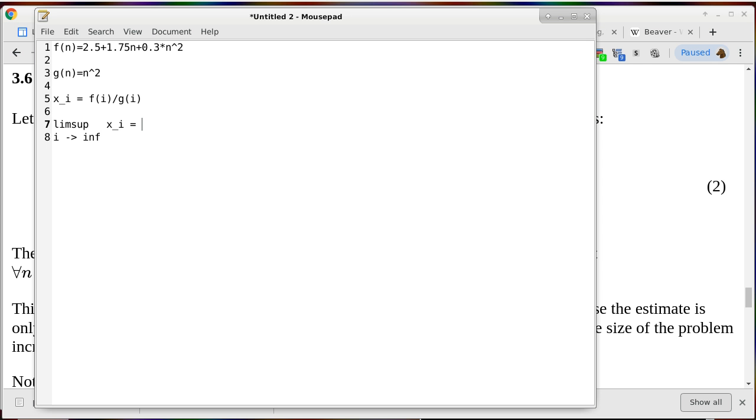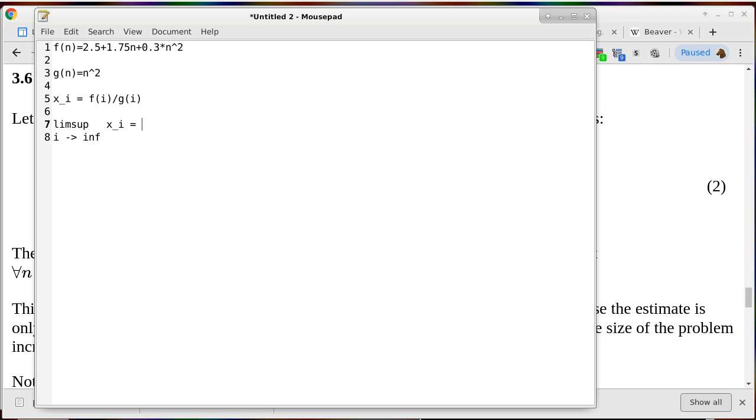What about 1.75n divided by n squared? Well, you simplify it, right? You cancel the n. So now it actually just becomes 1.75 divided by n. When n becomes really large, what's going to happen to that term? It's going to approach 0 as well. So it becomes negligible at some point. And then you look at the last term, which is 0.3 times n squared divided by n squared. n squared cancels out n squared.